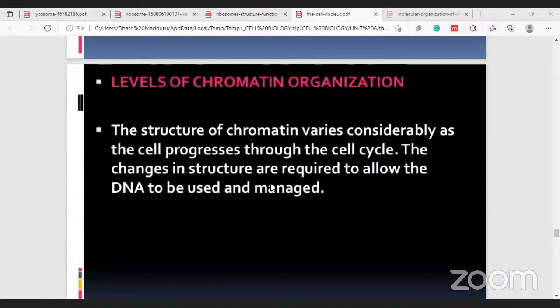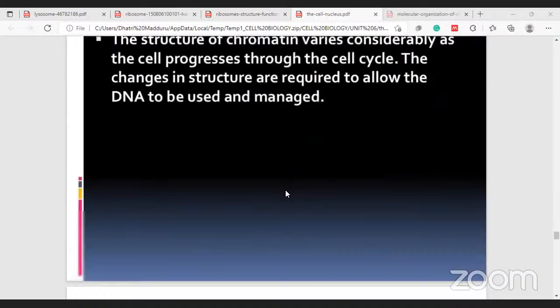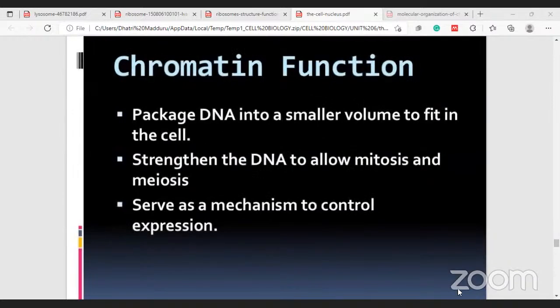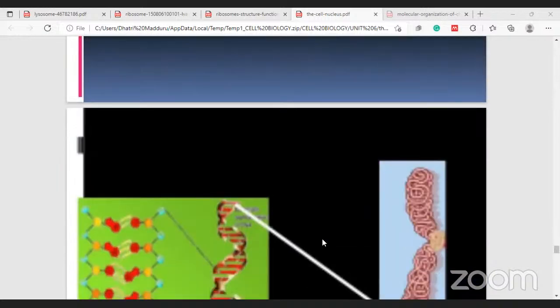These changes in structure are required to allow the DNA to be used and managed. First, the DNA has to be packed into a smaller volume to fit into the cell. This strengthens the DNA to allow mitosis and meiosis and also serves to control the gene expression mechanism.